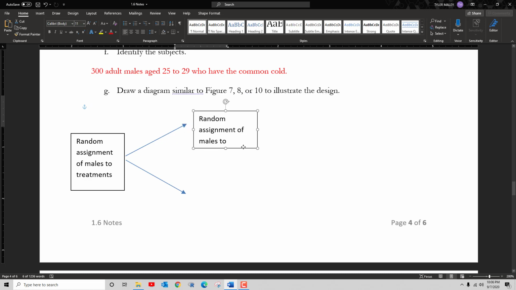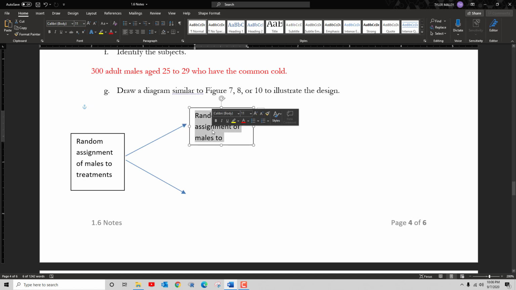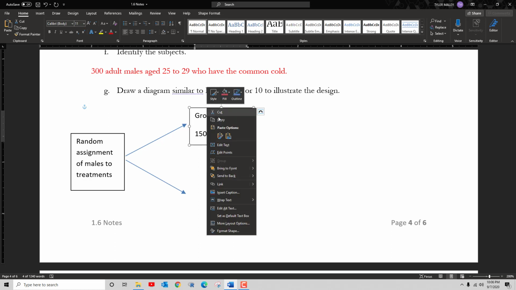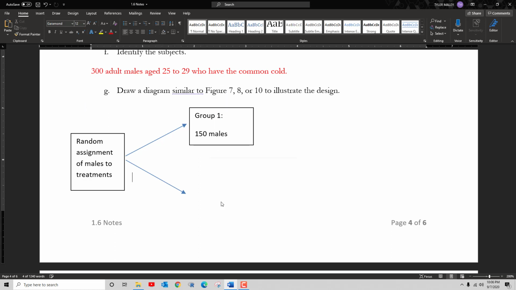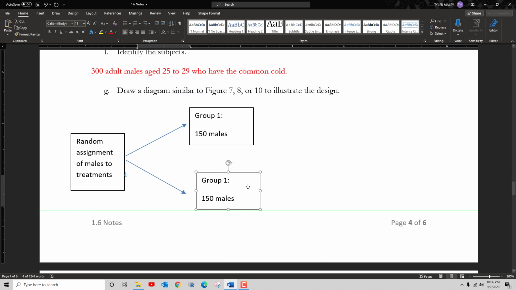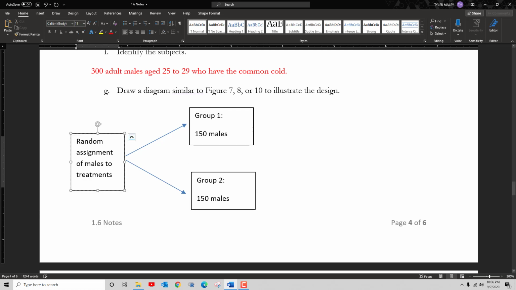In here I can say, this is group 1, which is 150 males. And down here we have group 2, which is also 150 males. So we did the random assignment, and now we have these two groups.